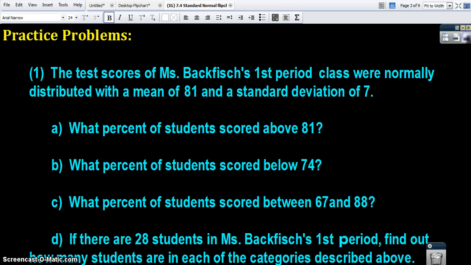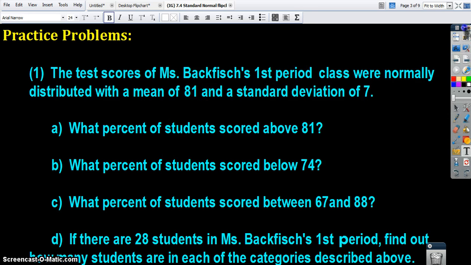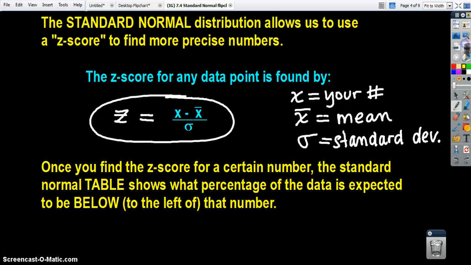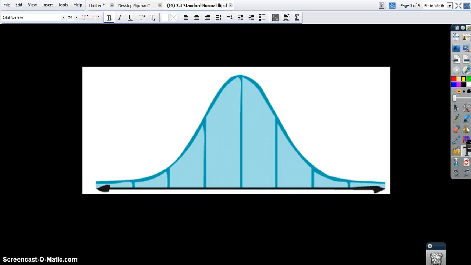Okay, so one of the problems we did was this one. We had a mean of 81 and a standard deviation of 7. So that means the 81 goes right here, and then this one would be 88, and this would be 95, and this would be 102.